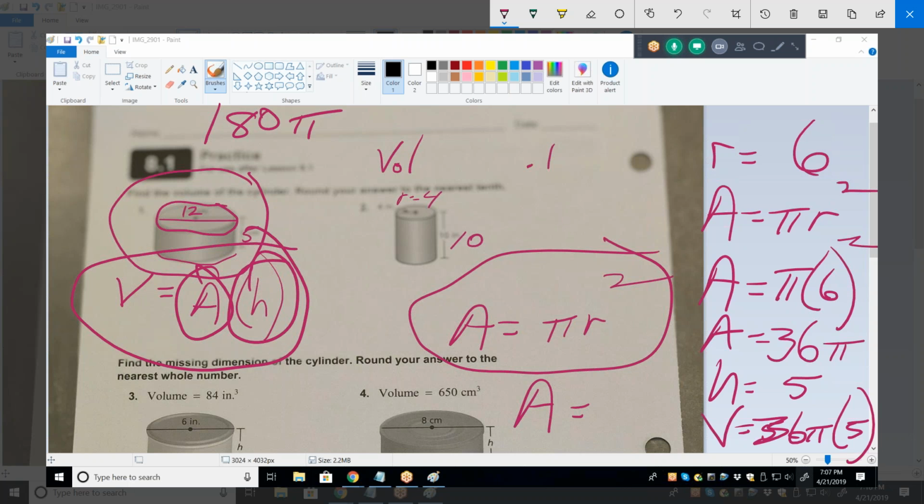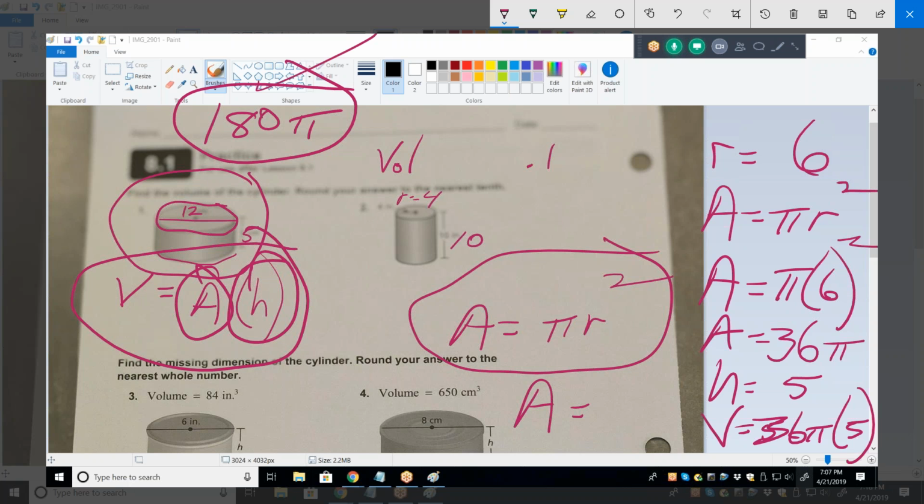Still there, Jackson? This is the correct answer. You have to put pi on the end of everything if it has pi in it. The fact that they want you to round it to the nearest tenth is incorrect. This is the correct answer.